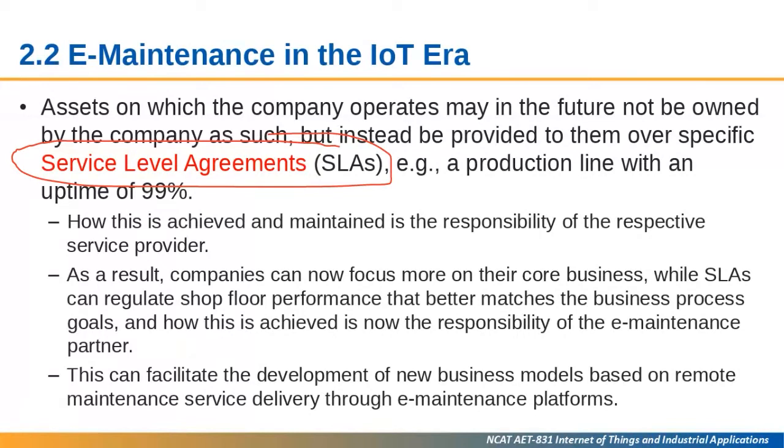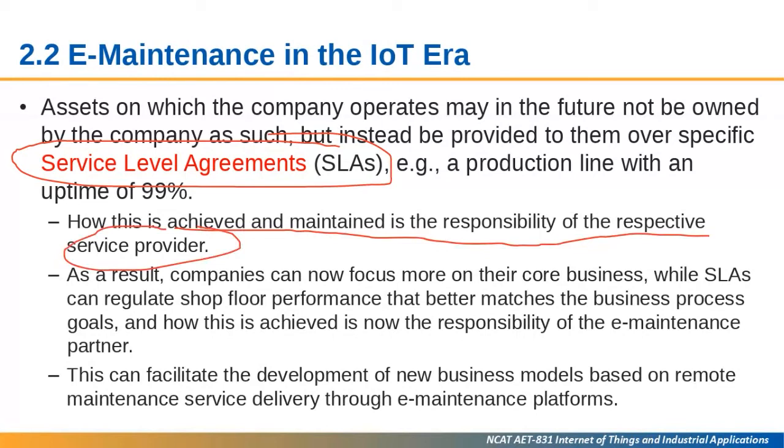What it means here is that instead of owning a device, basically they purchase a specific service. For example, instead of purchasing a production line maintained by the company, they may purchase a service level agreement of a production line with an uptime of 99%. Basically, this is achieved and maintained by the respective service provider.